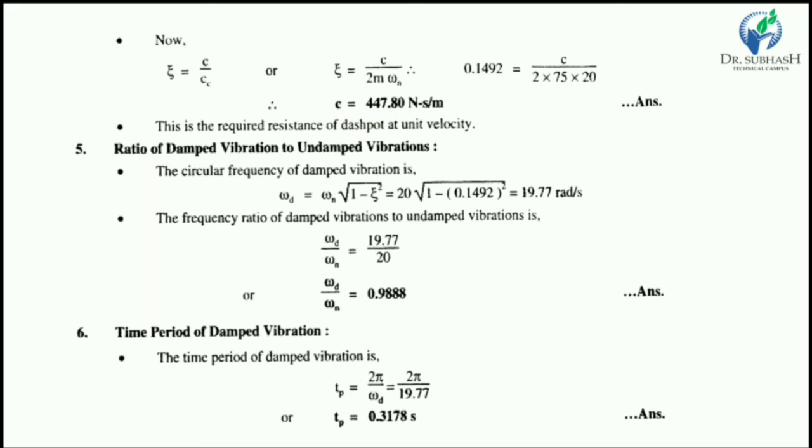Now we find out the ratio of omega d upon omega n. Omega n is already found, 20 radian per second, and now we have to find out omega d, the natural damped circular frequency, and its equation is omega d is equal to omega n under root 1 minus zeta square.